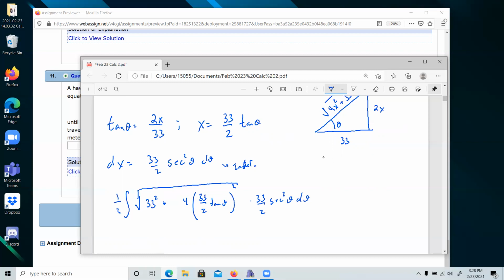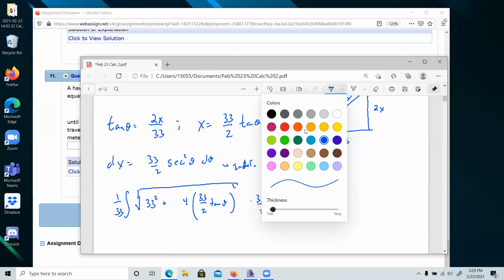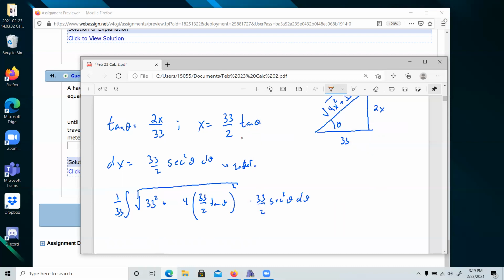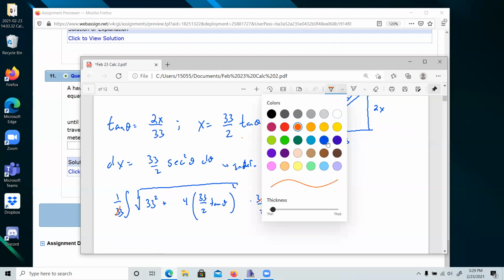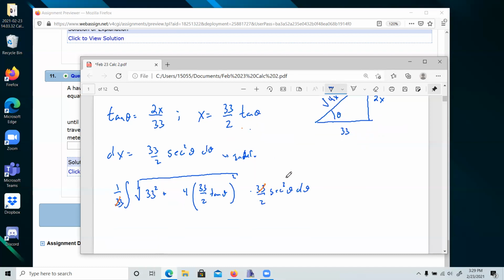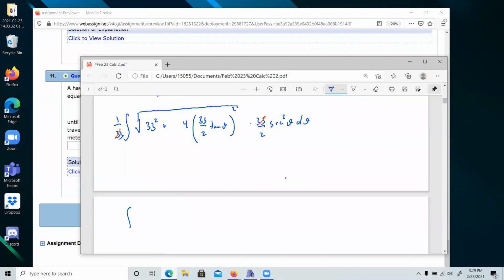There's a 1 over 33 out in front here. So fortunately, this and this can cancel. So we are going to be set with the integral of 33, square root of 33 squared plus, you see that this 4 and this 2 also cancel here.